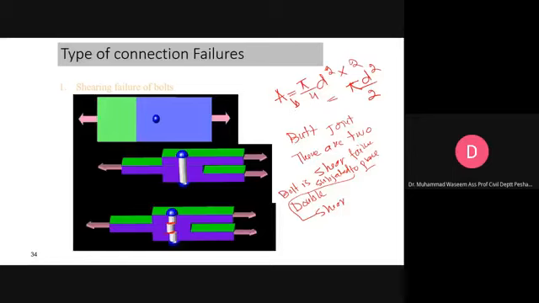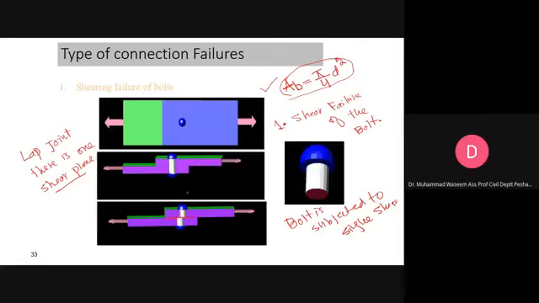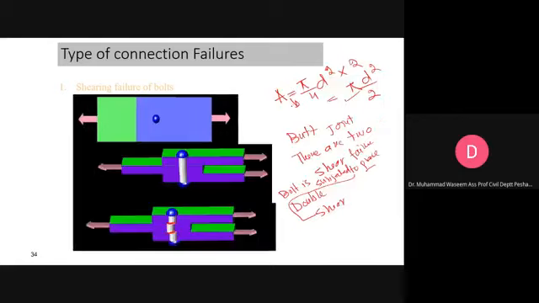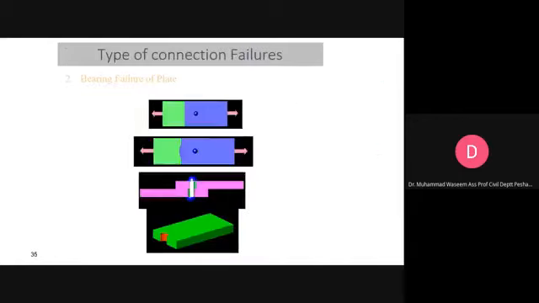So when you have this type of situation and you are computing the shear strength of the bolt, you will use this formula in order to compute the area of the bolt. And if you have this type of situation, you will use this formulation. Is that clear to all of you?